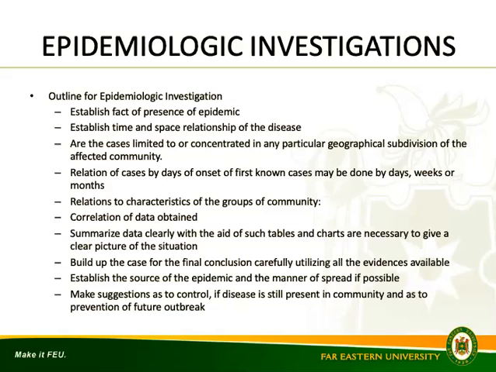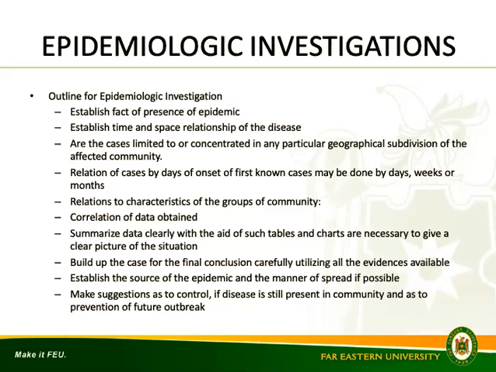From the first onset, from the first known case, until the current reporting. Are the cases limited to or concentrated in a particular area or a particular geographical subdivision of the affected community?